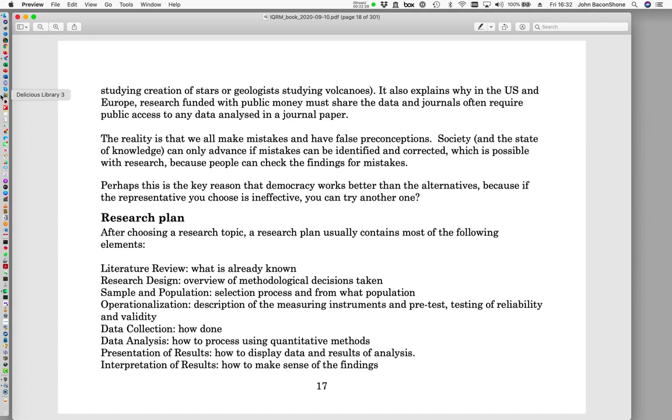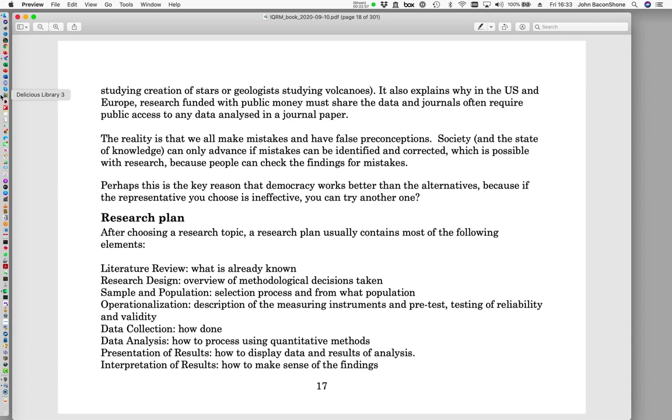Right? Again, if the data wasn't collected before, it's too late. Or indeed, if you're a geologist studying volcanoes, we can't control when the volcanic eruptions occur. So some volcanoes erupt quite frequently, but many volcanoes might only erupt once in a lifetime. So it may be very hard to collect historical data to compare with the current situation.